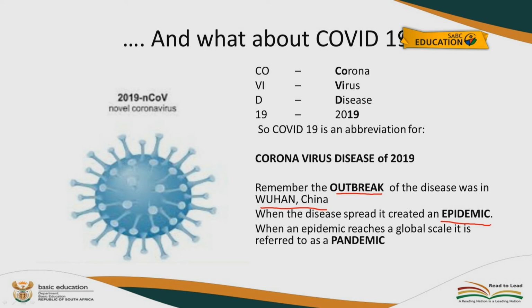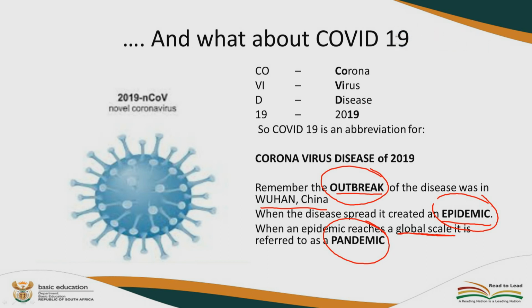So when it's referring to a specific country, it is an epidemic. However, when it reaches global proportions, it becomes a pandemic. So first, remember, it's an outbreak. An outbreak is in a localized area. Then it becomes an epidemic, located in a specific country. And when it reaches a global scale, it's a pandemic.